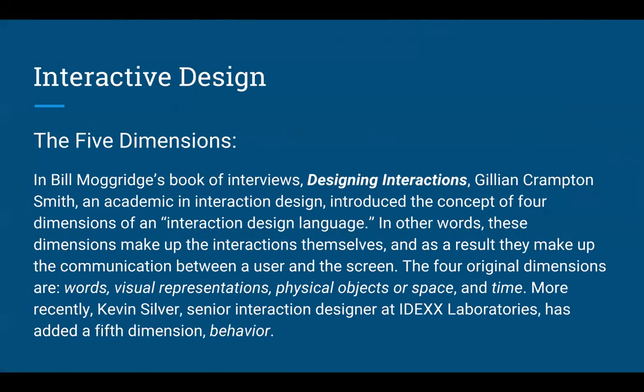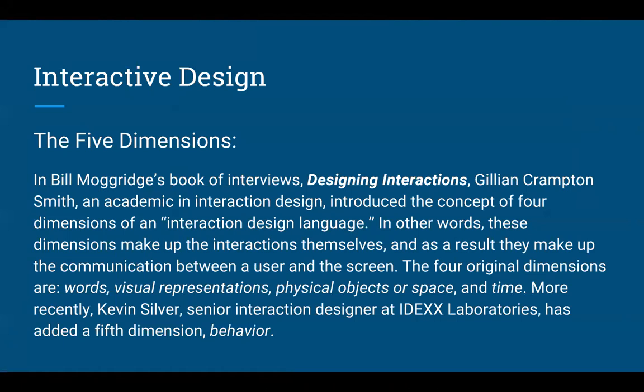Later on, Kevin Silver, who is a senior interaction designer, added a 5th dimension, but the original 4 dimensions of interaction were words, visual representations, physical objects or space, and time. And then that new 5th dimension is behavior.